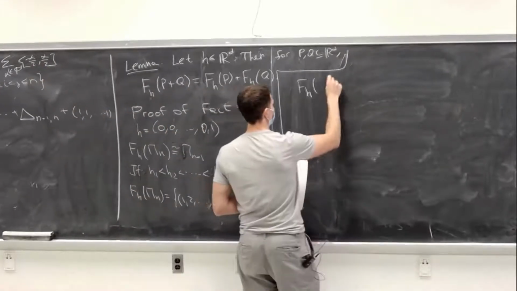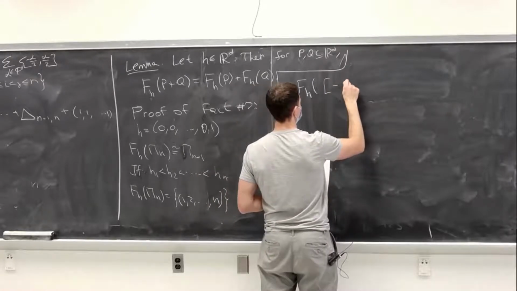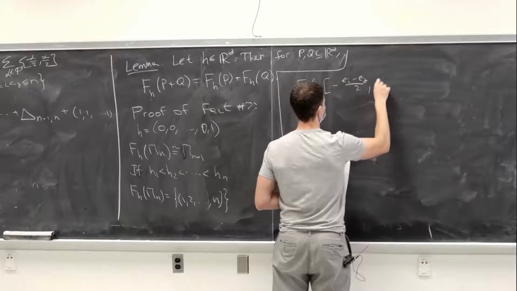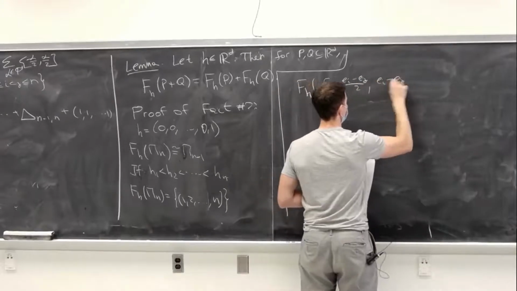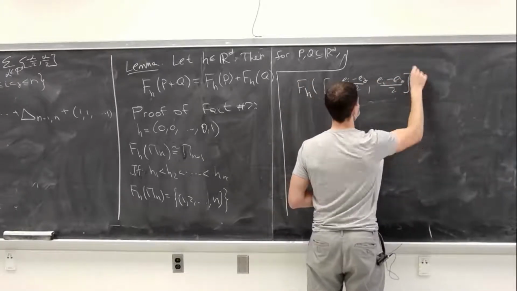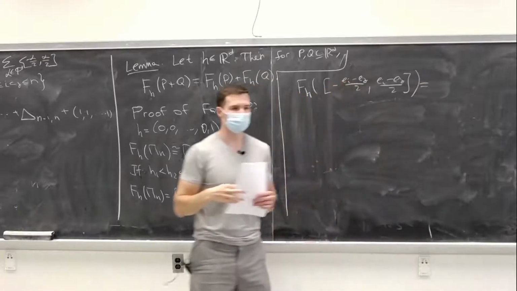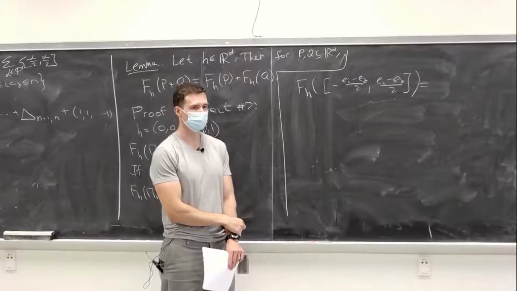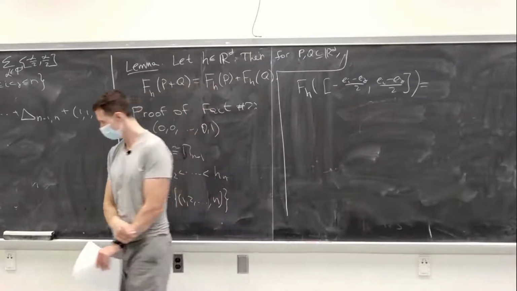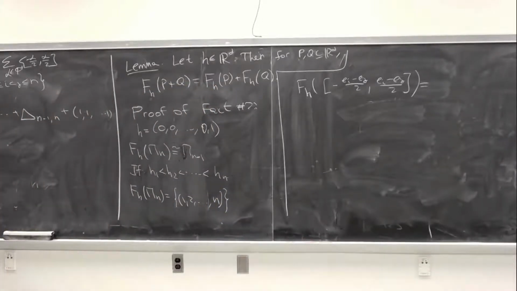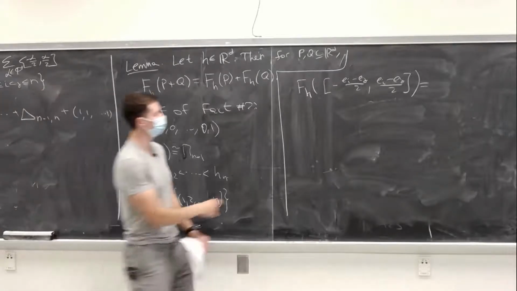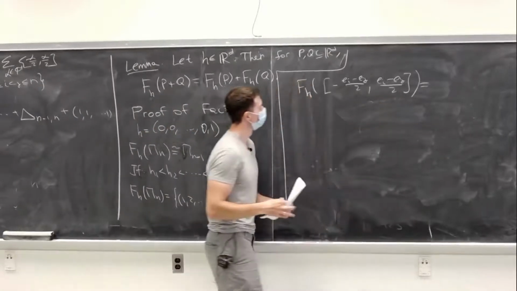What is F_h of the segment from negative (e_i minus e_j)/2 to (e_i minus e_j)/2? Okay, so this is a line segment, so it has to be one of the endpoints.